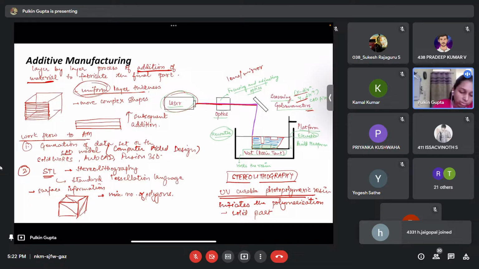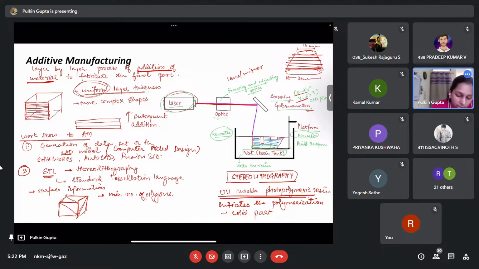Now, suppose you have a frustum-like shape, and it has been sliced into multiple layers. Suppose this is 20 mm and this is 10 mm. This CAD file would guide the optics and mirrors to cover an area of 10 and 20 mm in respective layers on this polymer.